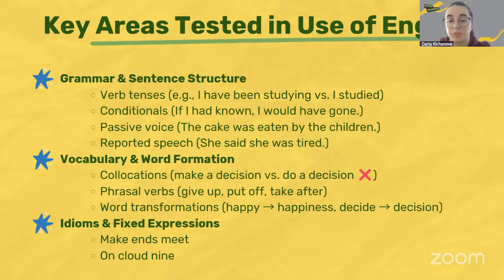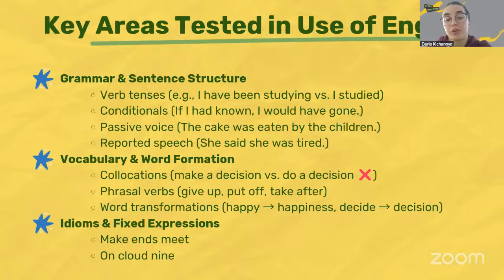When we are talking about conditionals, we may have mixed conditionals, or as we can see in the example, a third conditional. When we're talking about passive voice, you need to remember how to make it correctly. And when we are talking about reported speech, we will have one task about it. You need to understand how to make the order of the sentence correctly to have this reported speech.